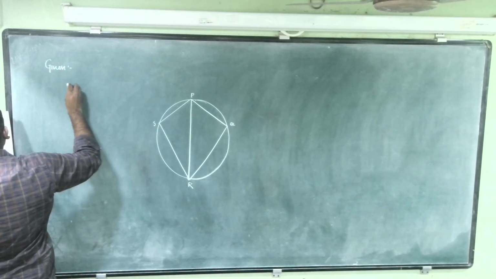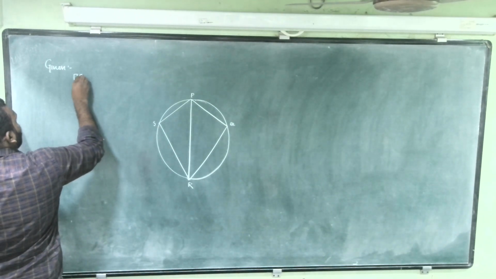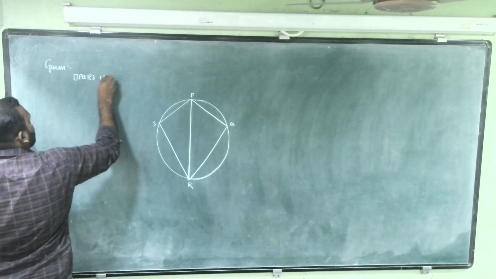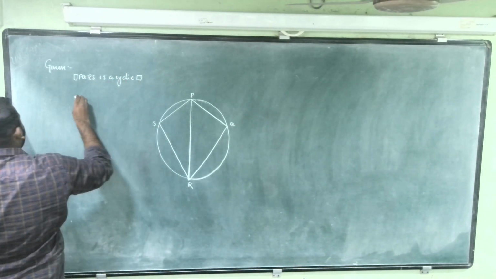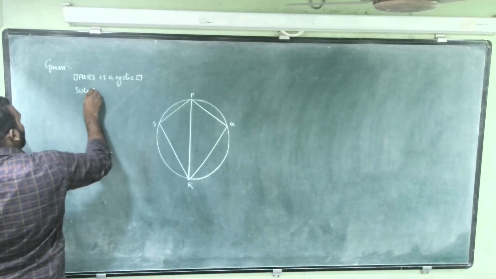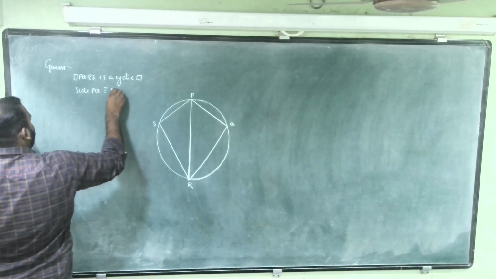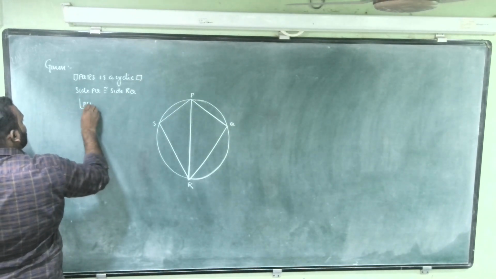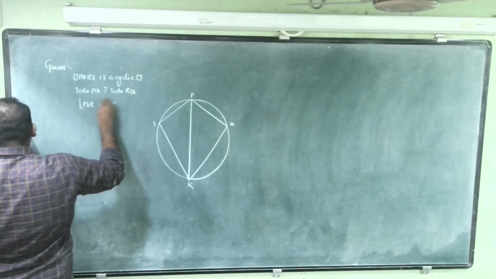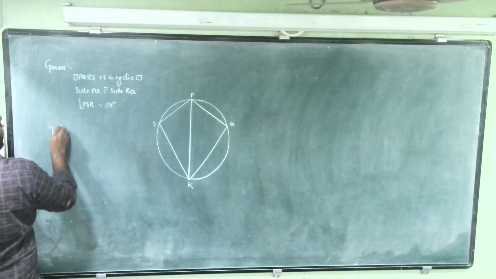Write down given. Given क्या लिखा? Quadrilateral PQRS is a cyclic quadrilateral. Then you wrote side PQ is congruent to side RQ. Then angle PSR is equal to 110 degrees. What do you need to find?